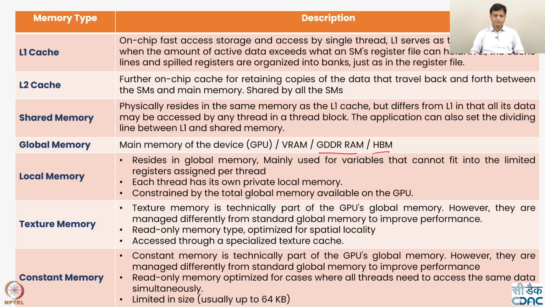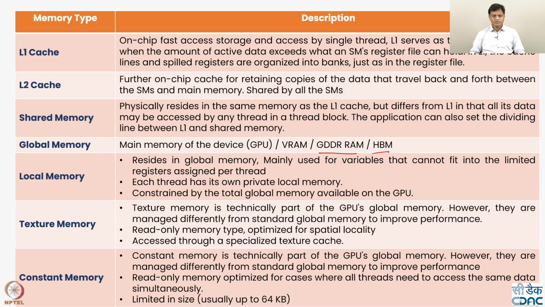Local memory. Local memory is a part of global memory, meaning it resides in the global memory, and it is mainly used for variables that cannot fit in the limited registers assigned per thread.